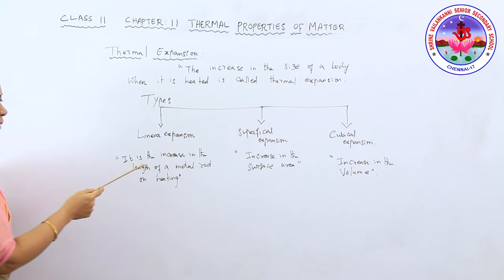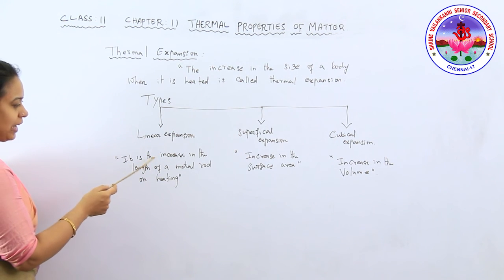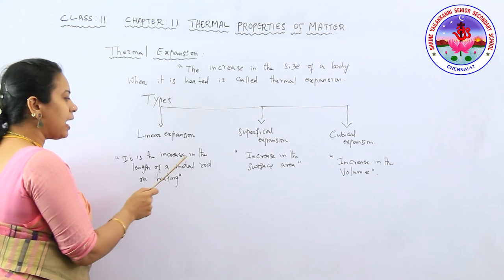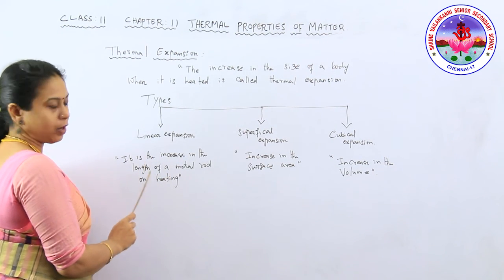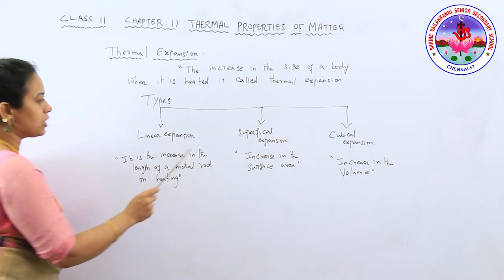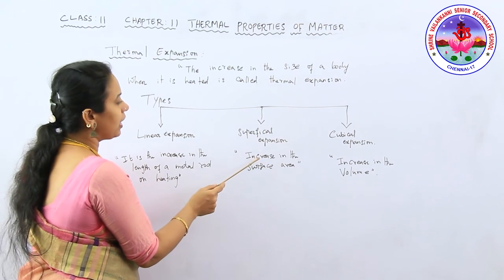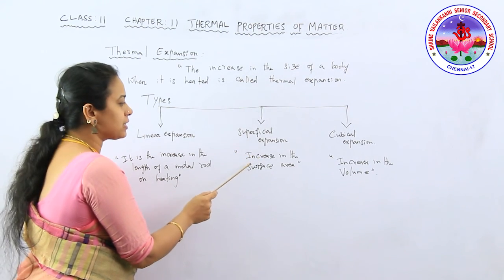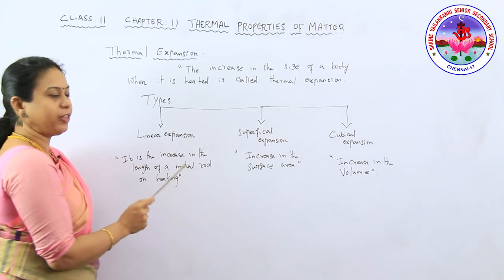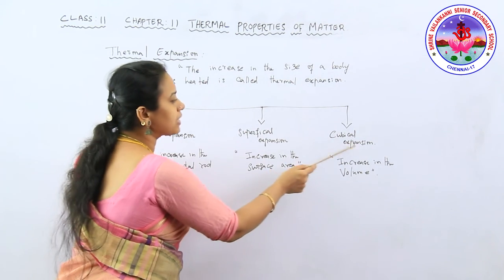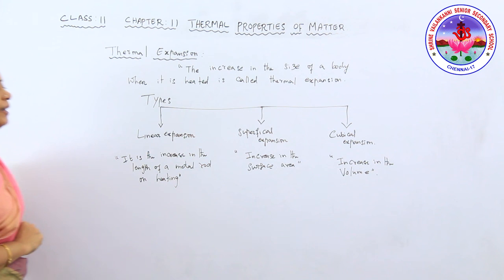Linear, which is one dimension, is the increase in the length of a metal rod while it is heated. Superficial expansion is the increase in the surface area of the metal rod. Cubical expansion is the increase in the volume of the block on heating.